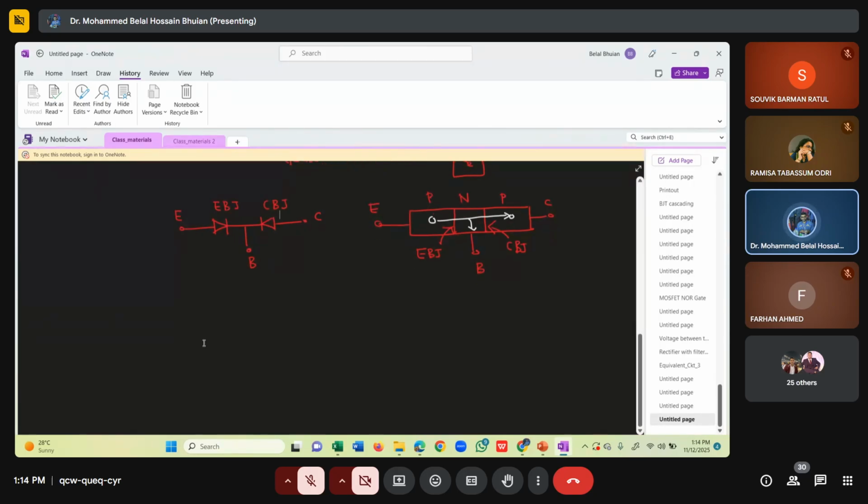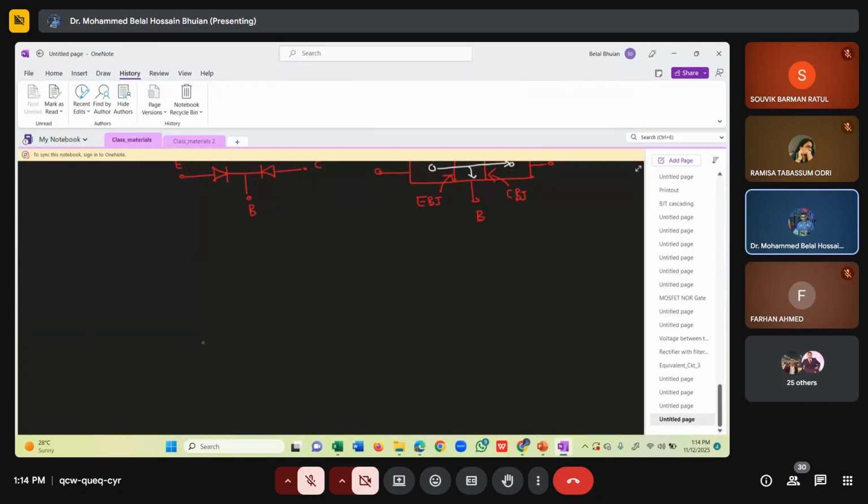So next topic is the BJT symbol. BJT symbol looks like this, a typical BJT symbol.